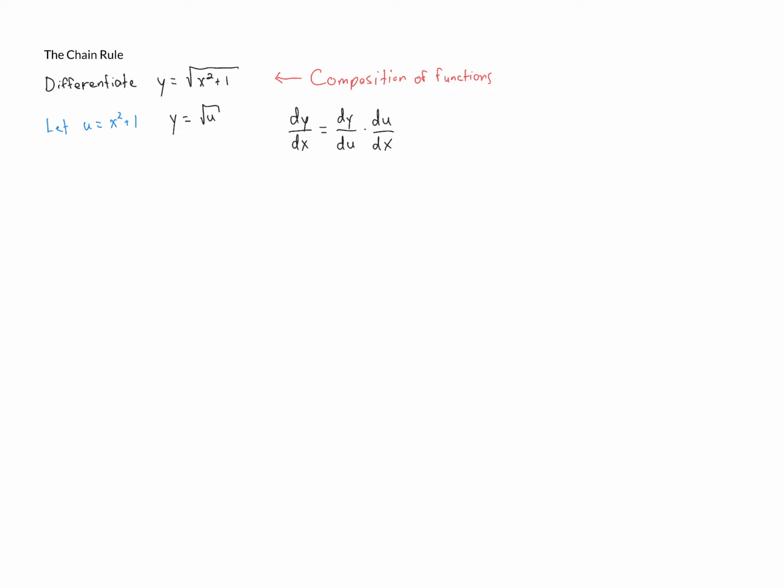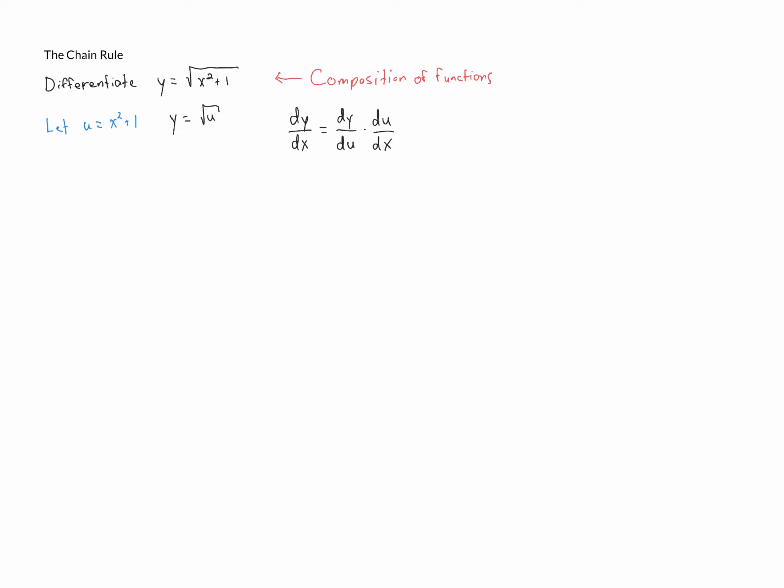That's not why this is the chain rule. But as long as we recognize that, we can look at this, and if they were fractions, it would look like it would make sense. So at the very least, we can use that to help us remember this rule. Now, I want to go through this example so we can see how it works.